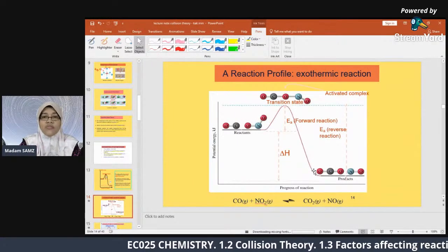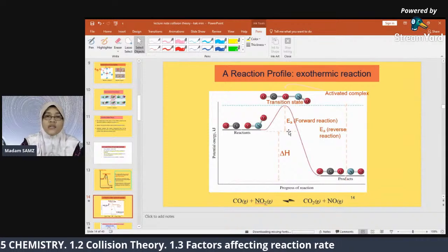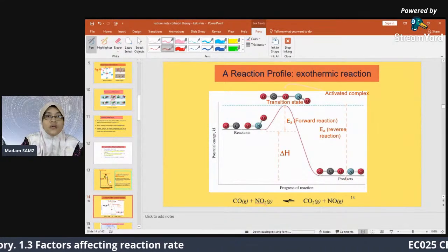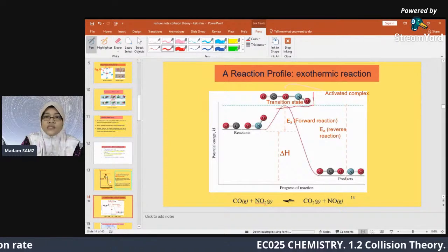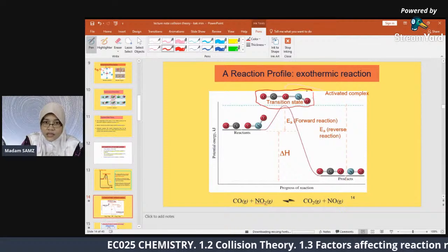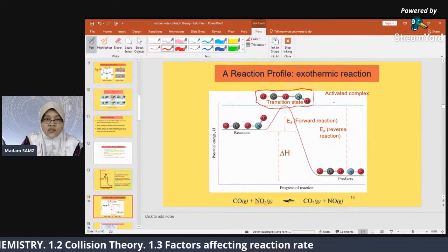Again, another example for an exothermic process. Here we have the transition state, and these reactants during collisions we call the activated complex.